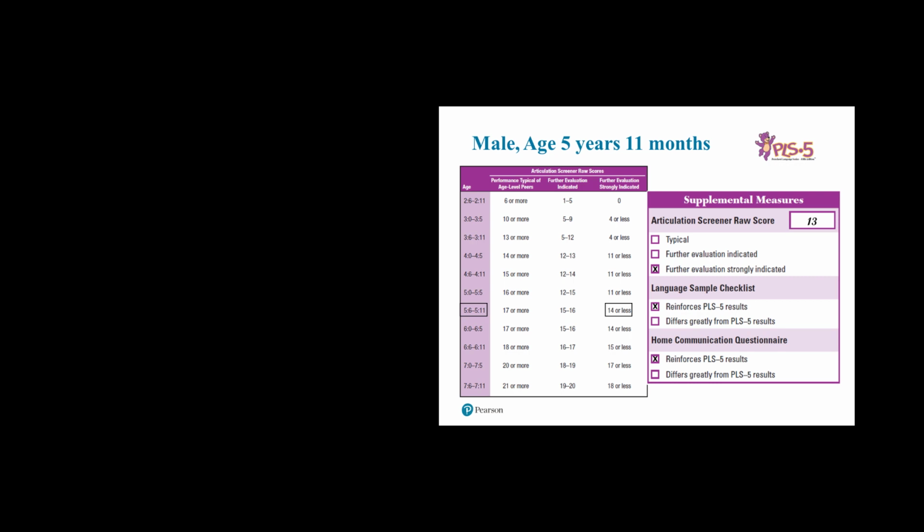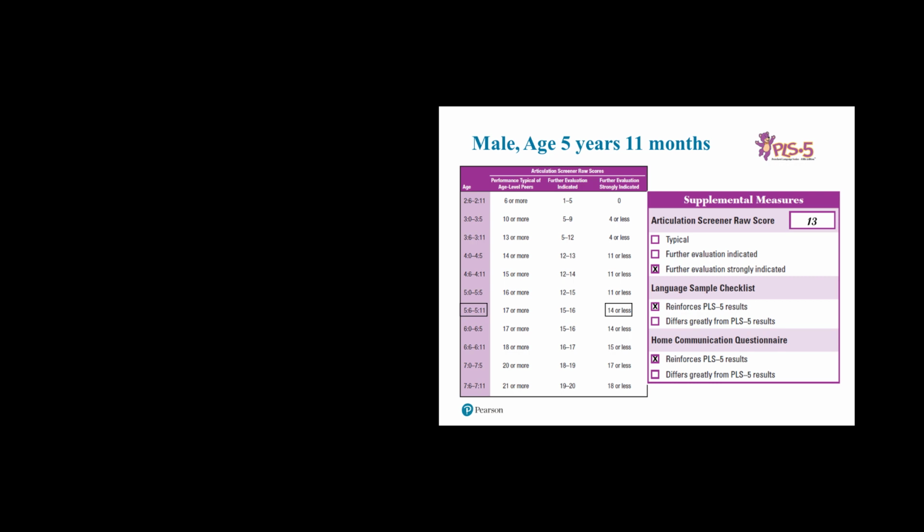Because there were concerns with intelligibility, the articulation screener was performed and indicated that further evaluation was strongly indicated based on the number of sound errors he demonstrated and his age.